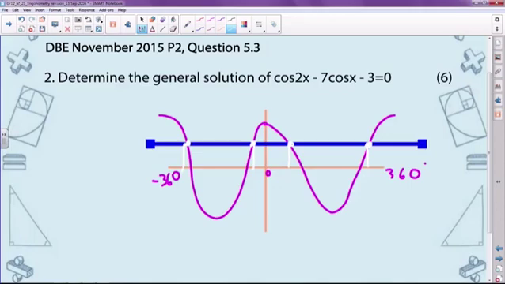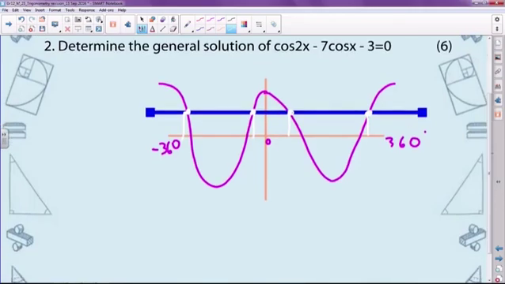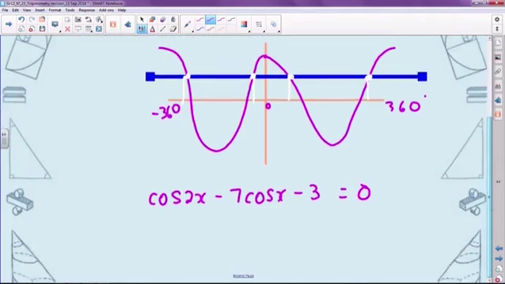Okay. Now, often the most tricky part in solving a general solution is getting through the first part of the question. So we've got cos of 2x minus 7 cos x minus 3 is equal to 0. The trickiest part is deciding, well, what's the next step?